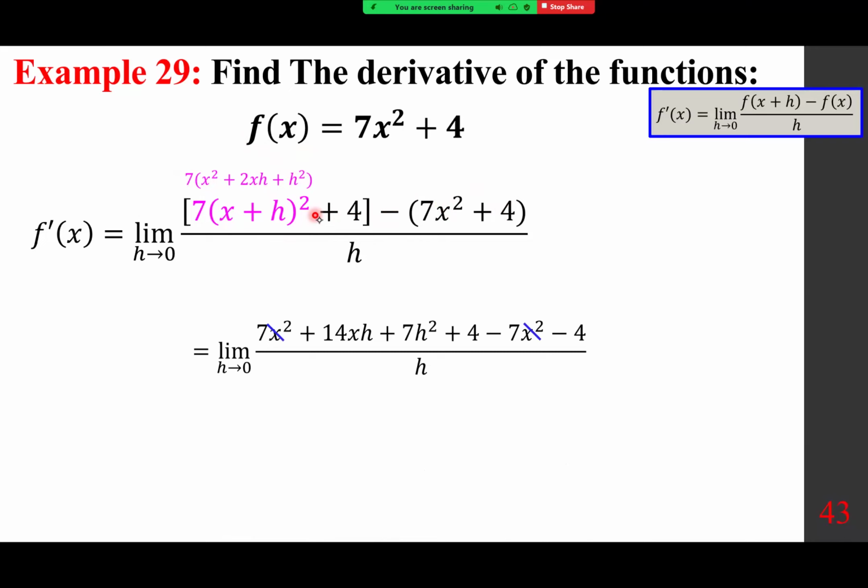7x squared and minus 7x squared cancel each other. 4 and negative 4 cancel each other. So we are left with 14xh plus 7h squared. In the numerator, we factor out the h, which gives us 14x plus 7h.